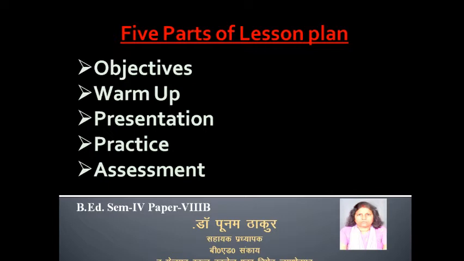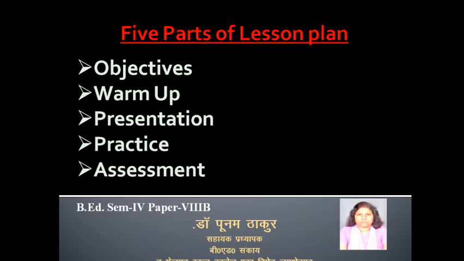The 5 steps involved are the anticipatory set, introduction of new material, guided practice, independent practice, and closure. 5 parts of a lesson plan. Objectives.